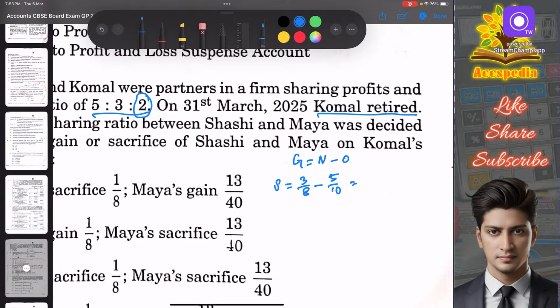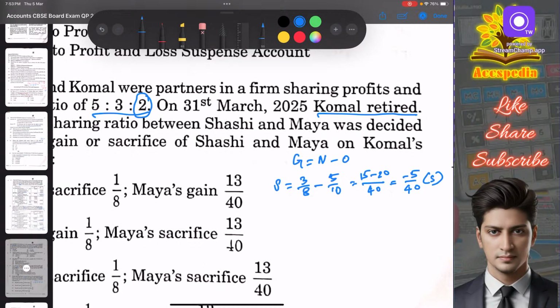You can do cross multiply, you can do LCM also. LCM is 40. So 15/40 minus 20/40. So it is minus 5/40.